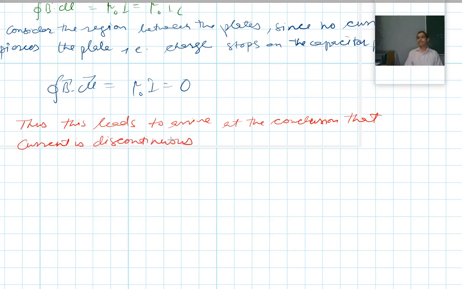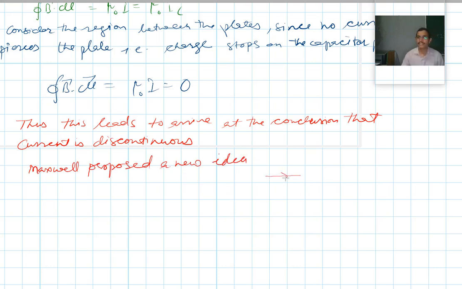Means inside the plates of the capacitor, the current is discontinuous, or there is a discontinuity. So there is a problem with this. To answer this ambiguity, Maxwell proposed a new idea, and let us have a look at that.